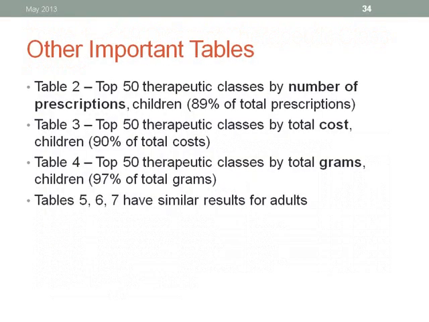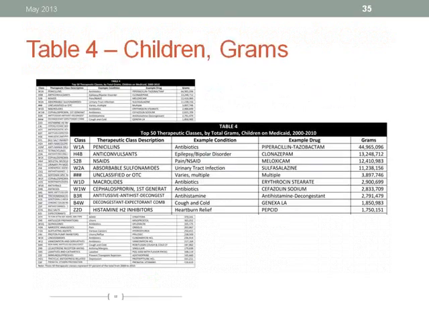Other important tables, 2 through 7, are the top 50 for children, by the number, by the cost, by the grams, and likewise for the adults. Here's table 4, the top one for children, and at the very top of the list, these are the grams.